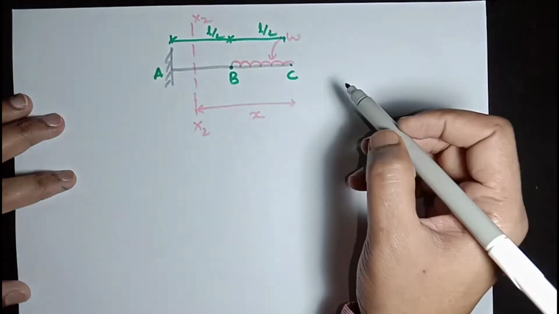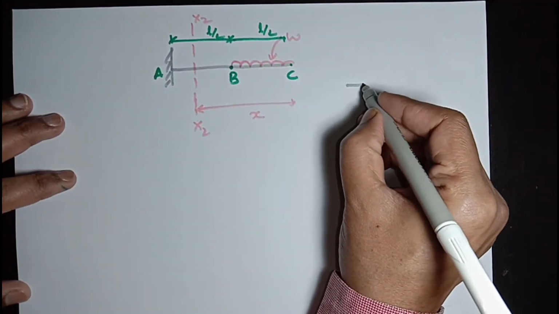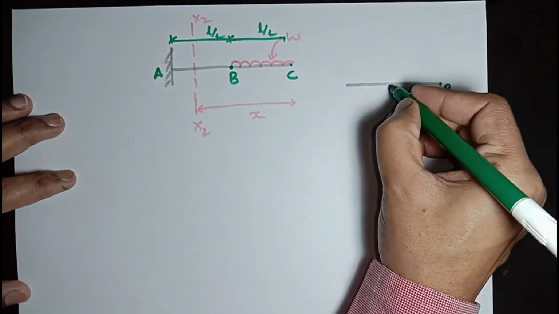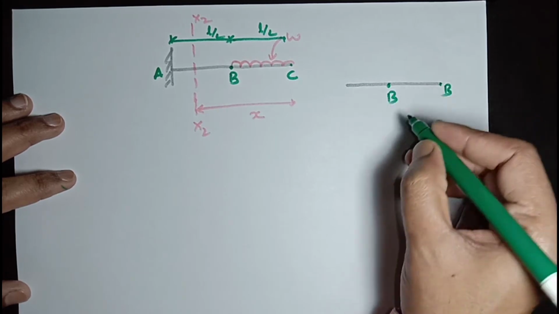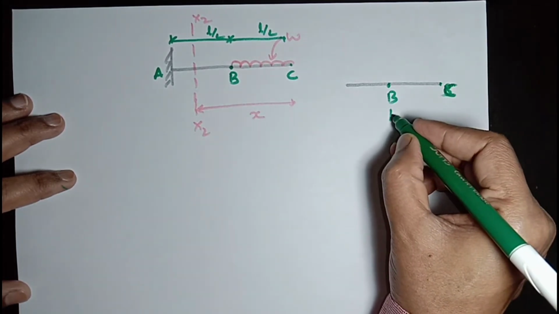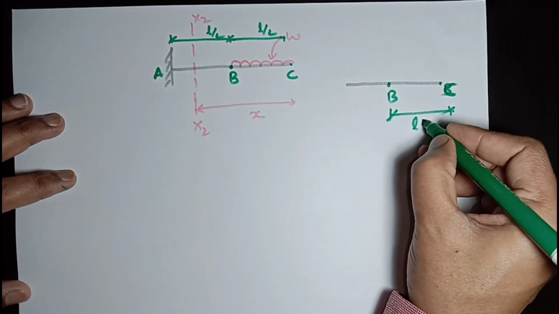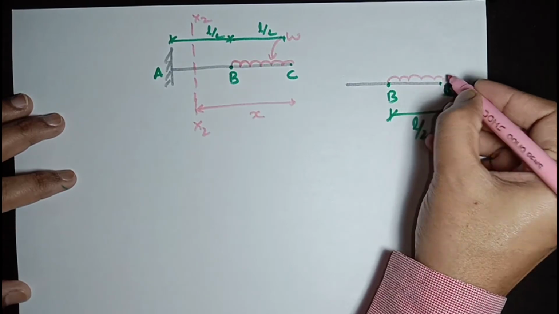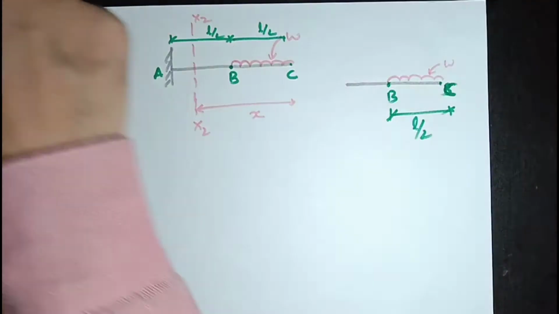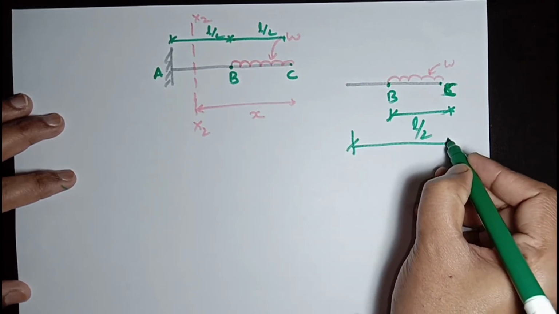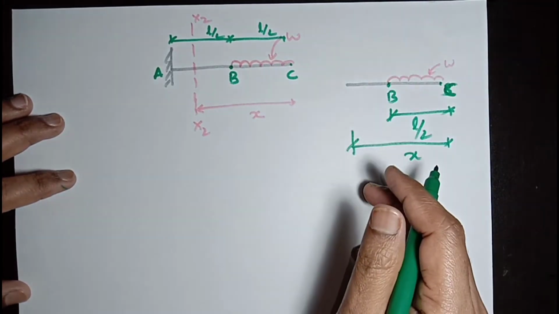So here I am going to draw the free body diagram of this beam. Here this end will be B, the center of this beam will be C, sorry, and this length is L by 2. C to B is subjected to a UDL W, and this length is taken as x.